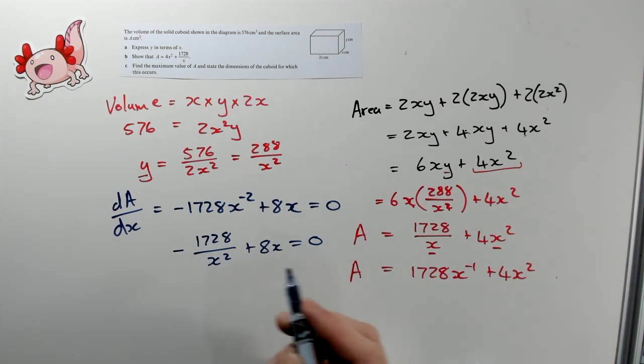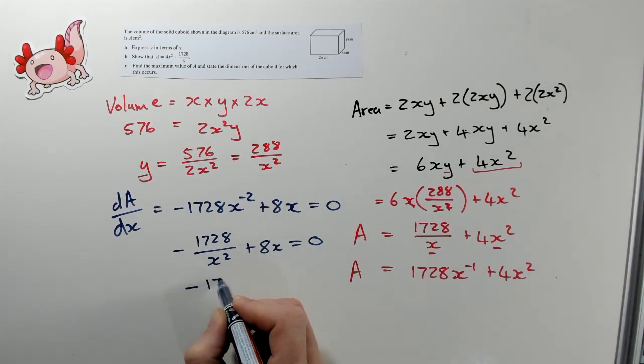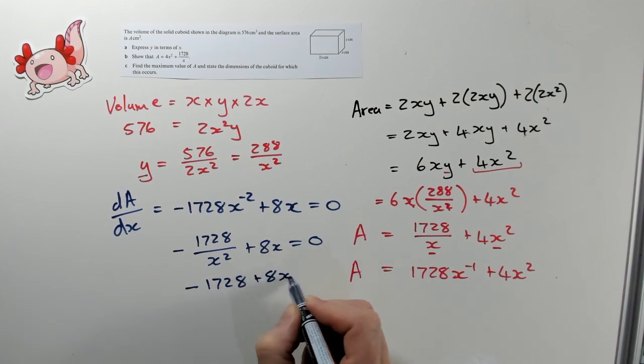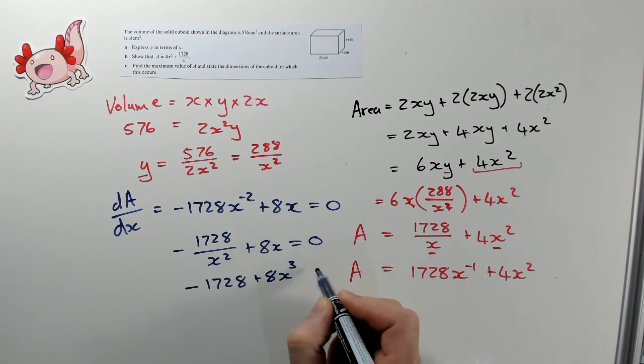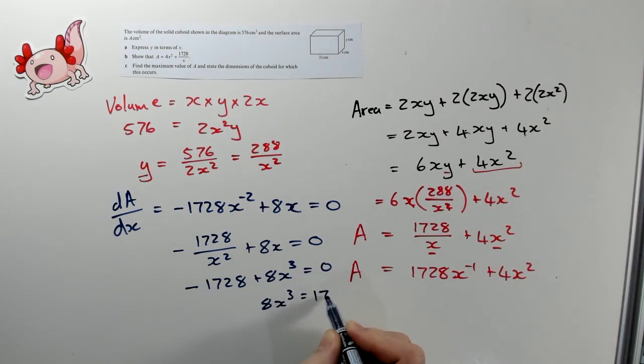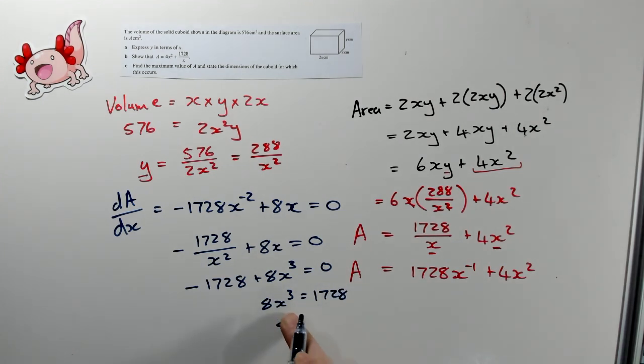So then I have negative 1728 plus 8x cubed is 0. I can take this over to the other side, so 8x cubed is going to be 1728. I'm going to divide by 8 on both sides. So x cubed is going to be 1728 divided by 8, and we get 216.